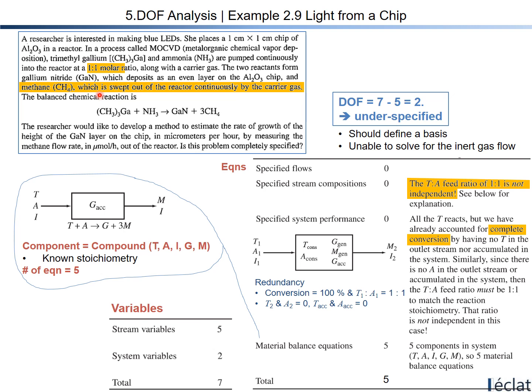But we cannot use those two specifications as restrictions. I mean those two conditions are not involved as restrictions when you are calculating the degree of freedom, because right now you have used those two conditions already when you are drawing the block flow diagram.